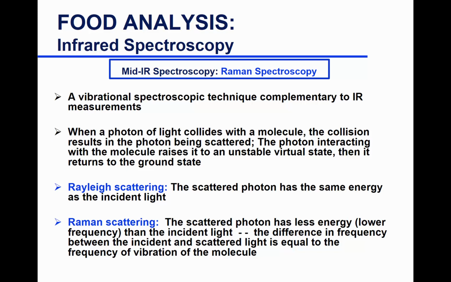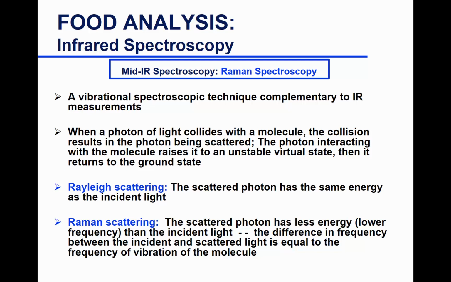Okay, so what happens in Raman spectroscopy, there is scattering of light. First you have the Rayleigh scattering of light, and you have Raman scattering. So what does that mean? When the photon hits a molecule, the photon gets scattered, and that's Rayleigh scattering.